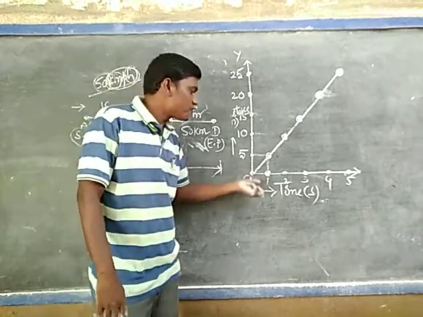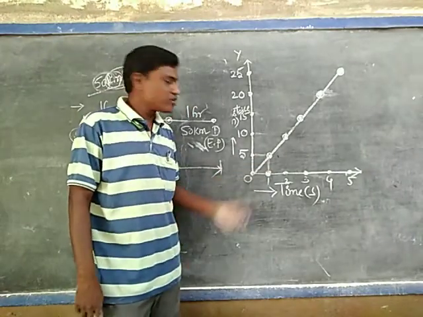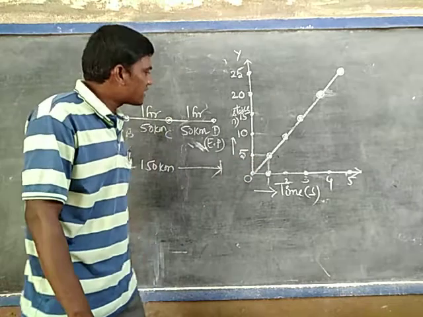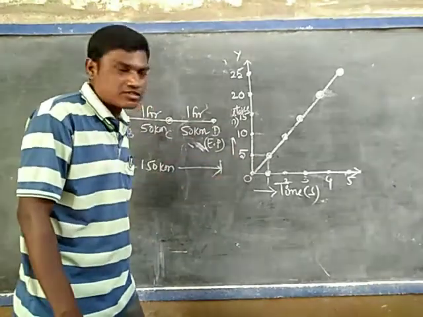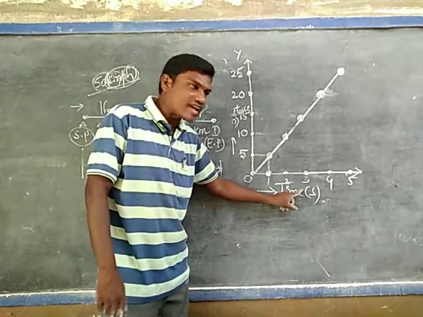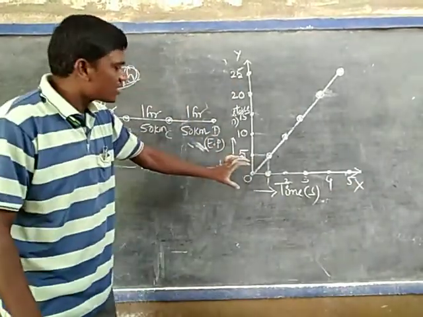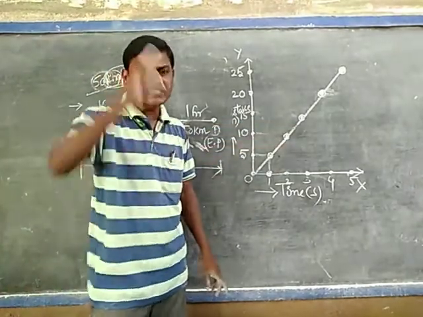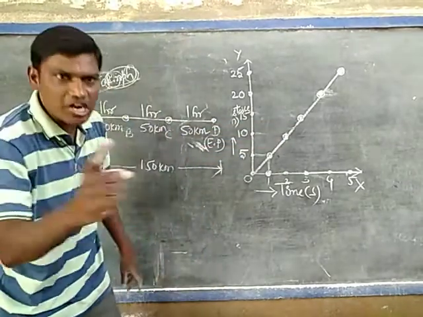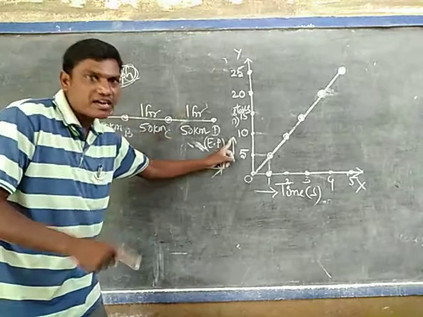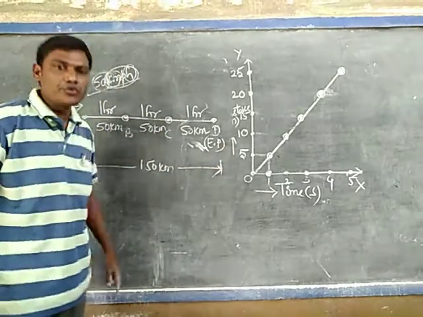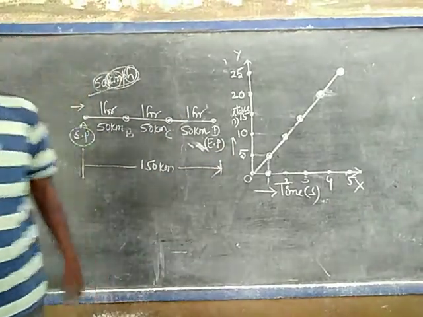Anyway, if we draw a graph by taking the time values on the x-axis and the distance values on the y-axis, the graph is always a straight line. If the graph is a straight line, it represents that the body moves with uniform speed.